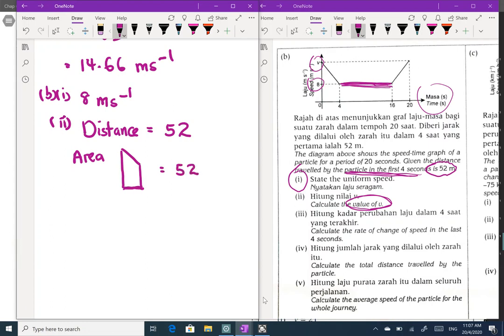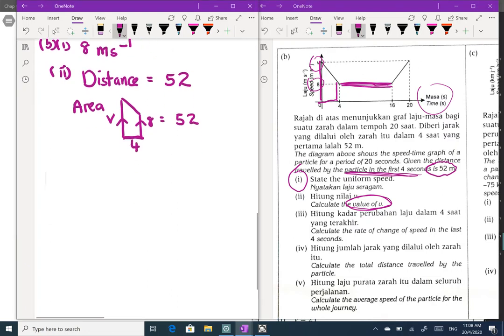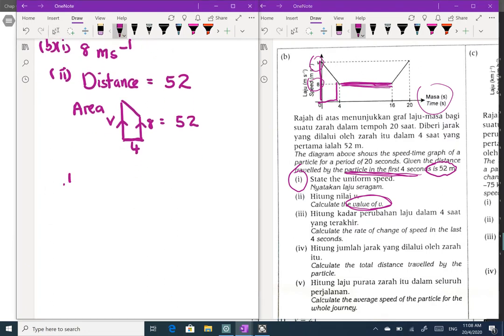The parallel lines are V and 8, and the height is 4. The area of a trapezium is 1/2 times the sum of the parallel lines, V plus 8, times 4, equal to 52.